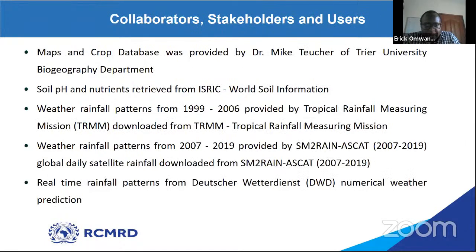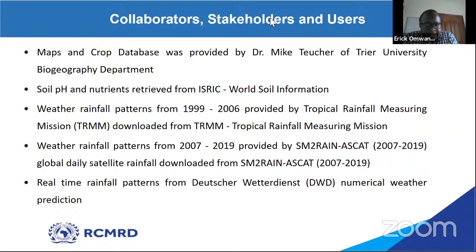The reason why I came up with this is that if you look at the amount of data that is provided and shared, and these are some of the data providers that we have, the amount of data available cannot fit inside a phone. But using OGC web services and geospatial technology, we are able to compress this and deliver it to the people who need to make decisions in a much easier way, like a farmer or extension officers.